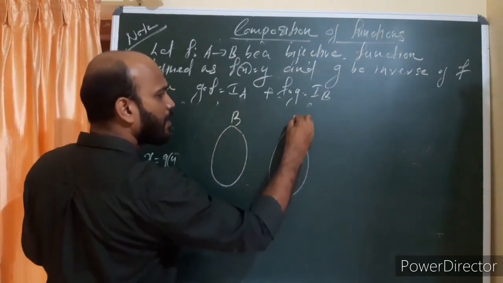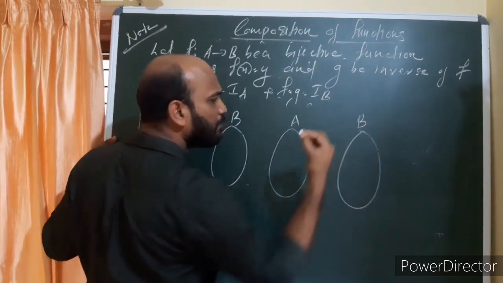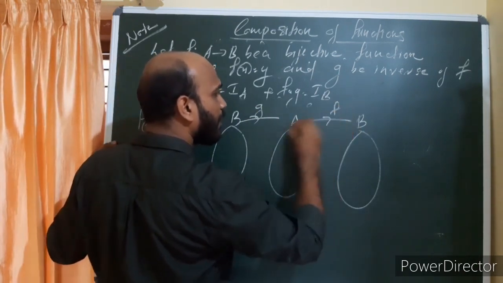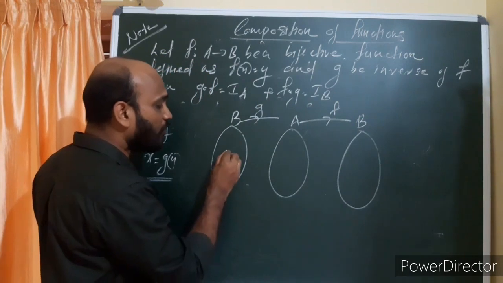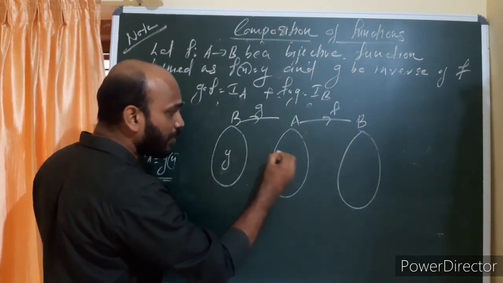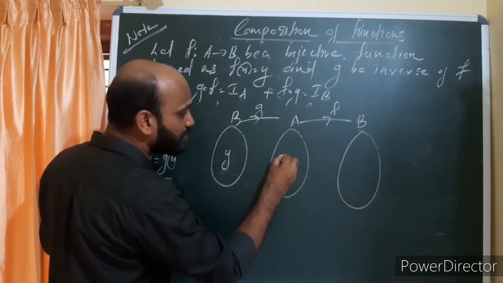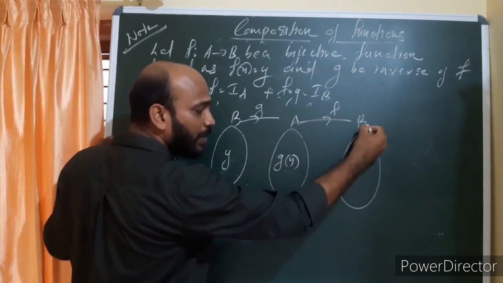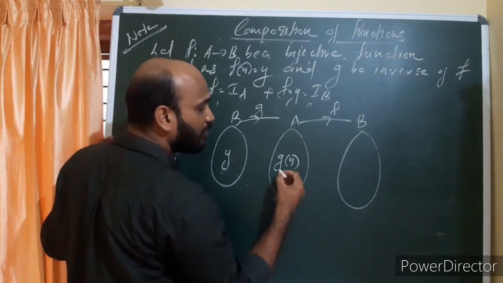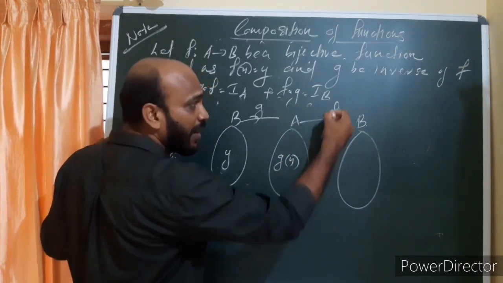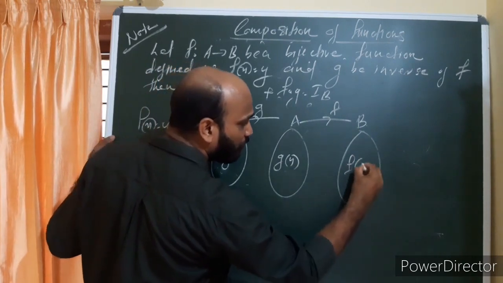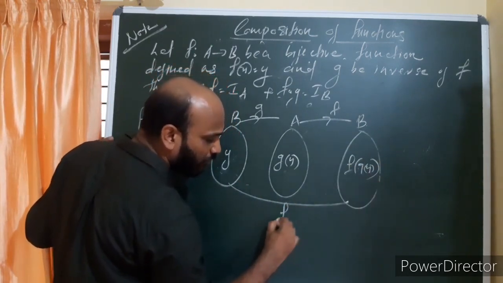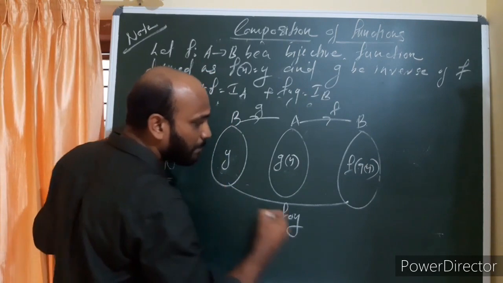B, A, again B. So G is a function from B to A and F is a function from A to B. Consider Y as element of B. Then image of Y will be in A. So element of image of Y we can write as G of Y because G is a function from B to A. Now F is a function from A to B and G of Y is element of A. Therefore, image of G of Y under the function F will be in B. That is F of G of Y. F of G is a function from B to B.